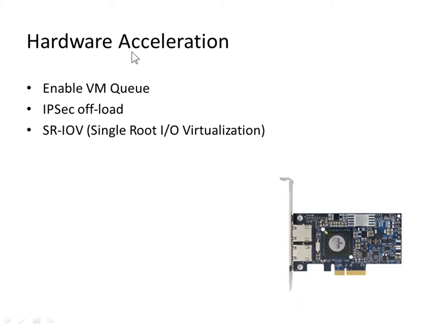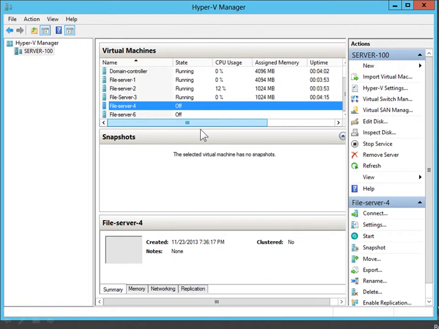Hardware acceleration. Hardware acceleration allows the Hyper-V host computer to run just a little bit faster. We can use Enable VMQ, IPsec, which is short for TCP/IP Secure Offload, and Single Root I/O Virtualization. Let's look at those three.